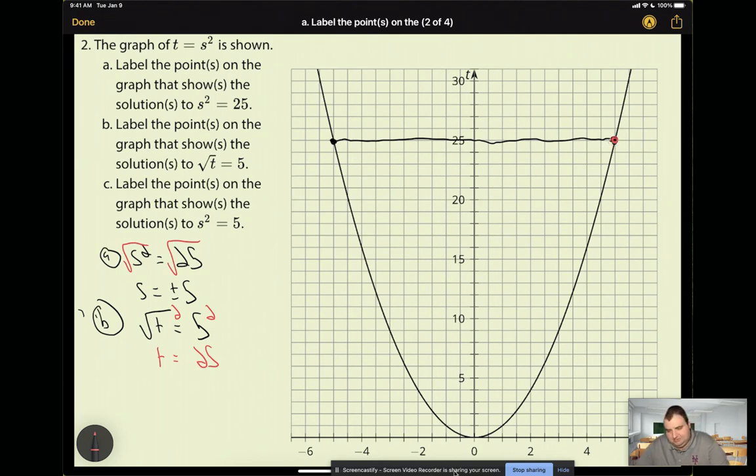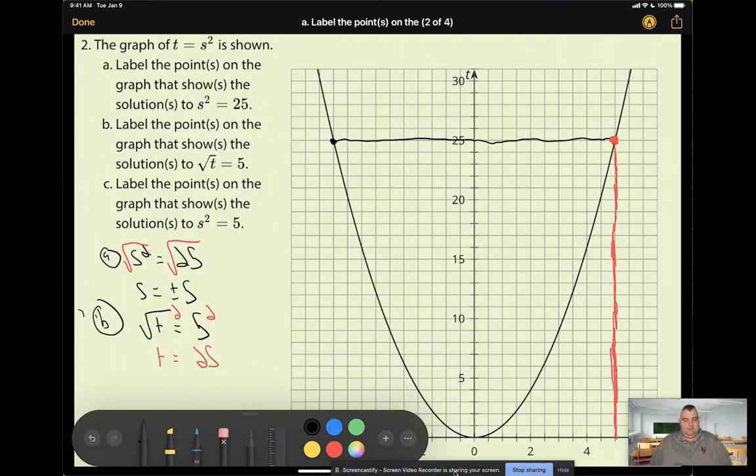So that's going to be this point right here. That is the point that I just outlined in red there.